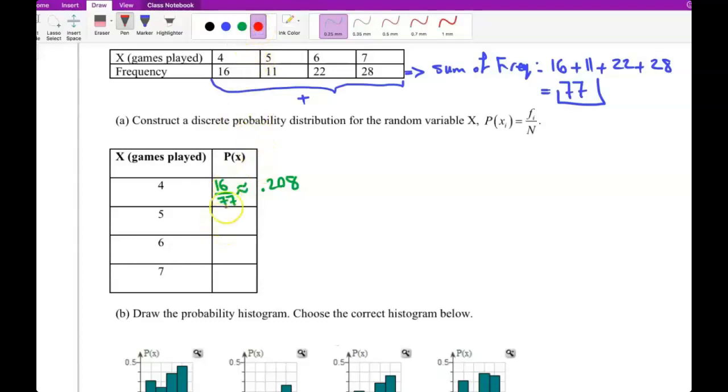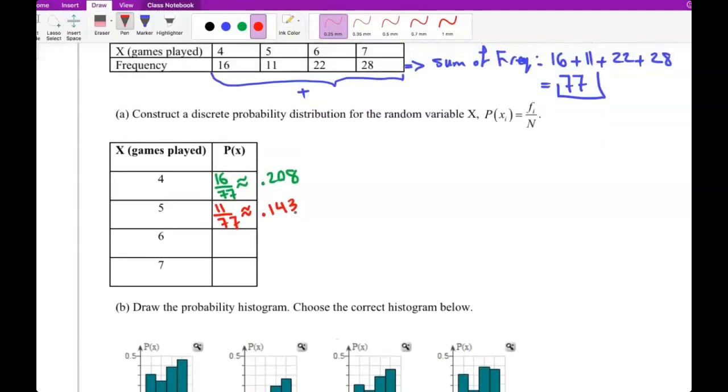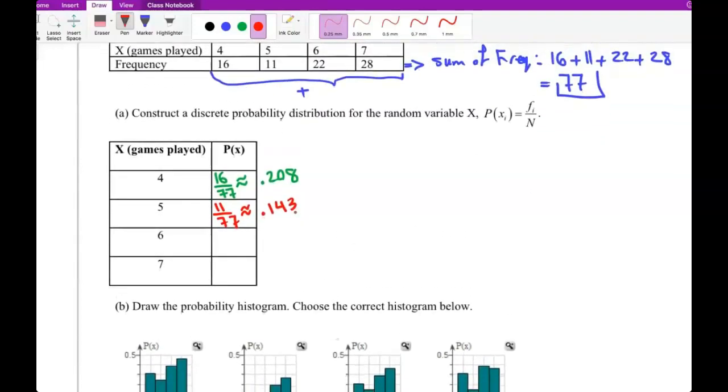Next one is 11 divided by 77. So that is 0.143. Then here is 22. So 22 divided by 77, rounding it, it's 0.286.